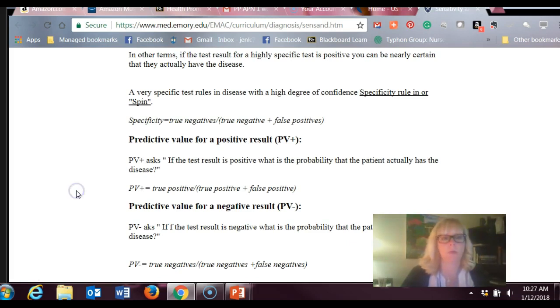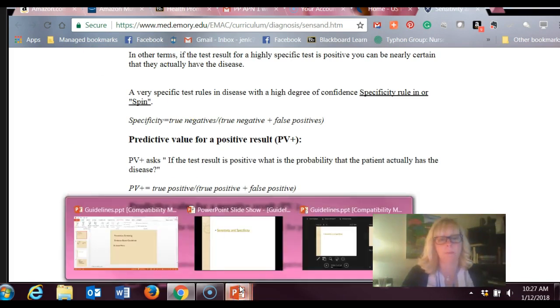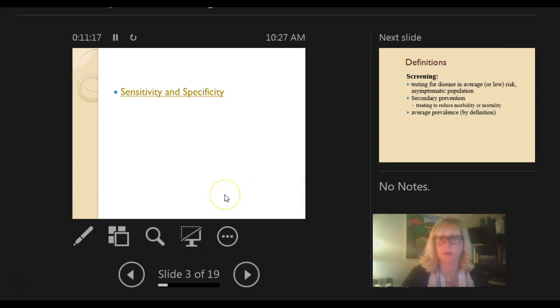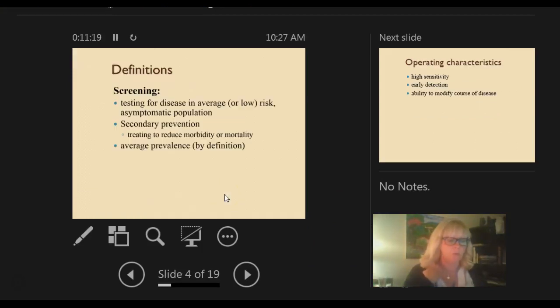All right, so I'm going to go back to my slides, because this is really important for understanding what goes into making these guidelines. Not me in particular, but these societies do research and they take samples of people. Most of the guidelines are based off of randomized controlled trials.